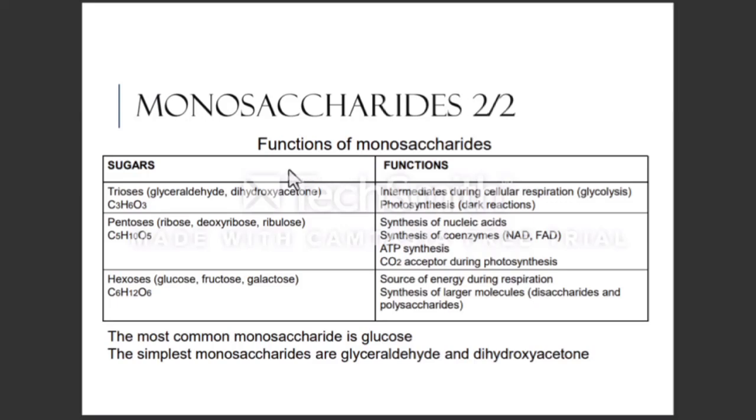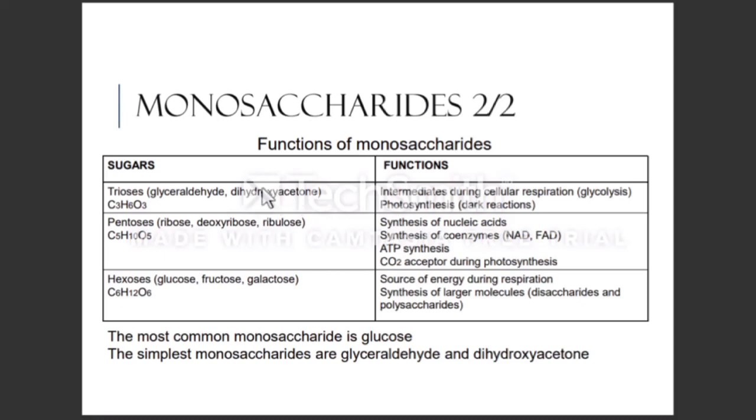So let's look at the different monosaccharides and their function. So we previously mentioned that there were trioses. We gave examples of glyceraldehyde, glyceric acid. Glyceraldehyde, 3 carbon atoms, and it contains an aldehyde functional group. Okay, so this is an aldose sugar. Then you have dihydroxyacetone.